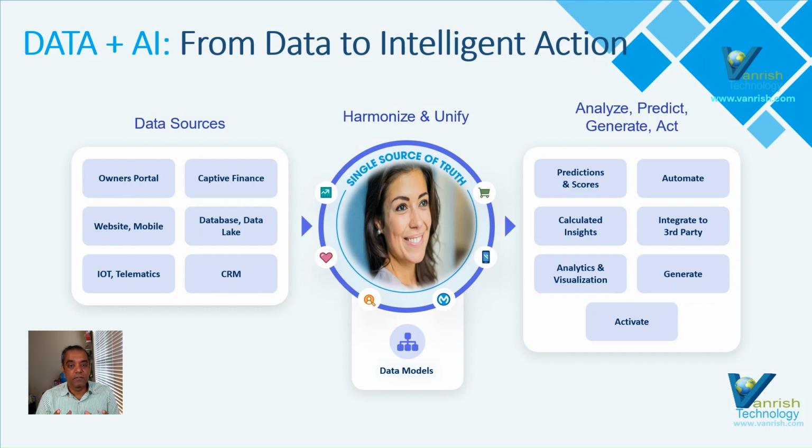Once harmonization and unification is done, you are analyzing and predicting on that data and creating AI on top of it: predictions and scores, automation, calculated insights, integration with third-party analytics, visualization, generate, activate. All this kind of action you can get done through Data Cloud, and you can enable AI and automation from there. That's the whole intelligence you are adding to your data with the help of Data Cloud.